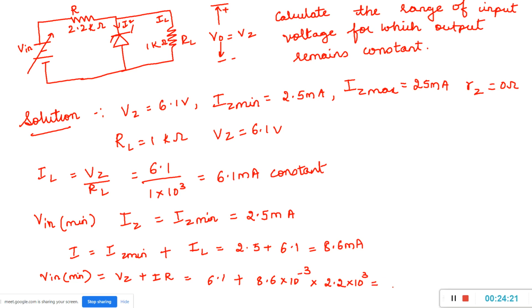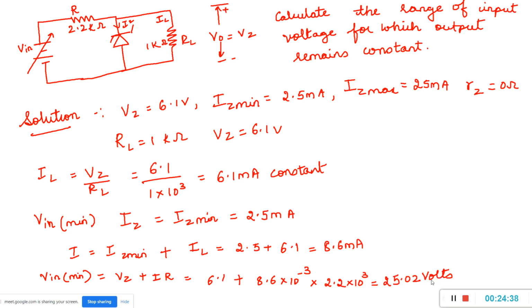So what is the minimum voltage now? Calculate this and tell me. So after calculating, we got Vin minimum as 25.02 volts.